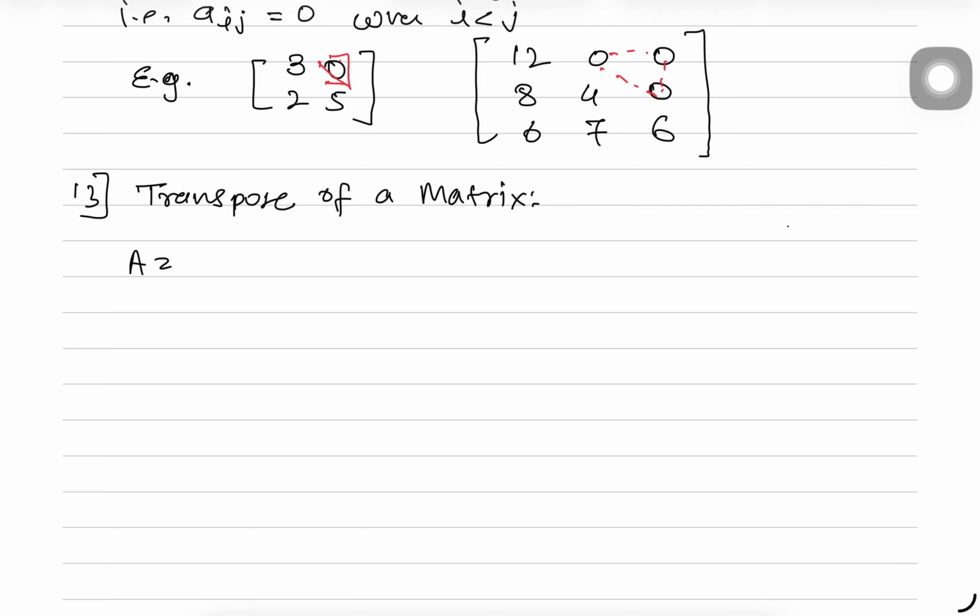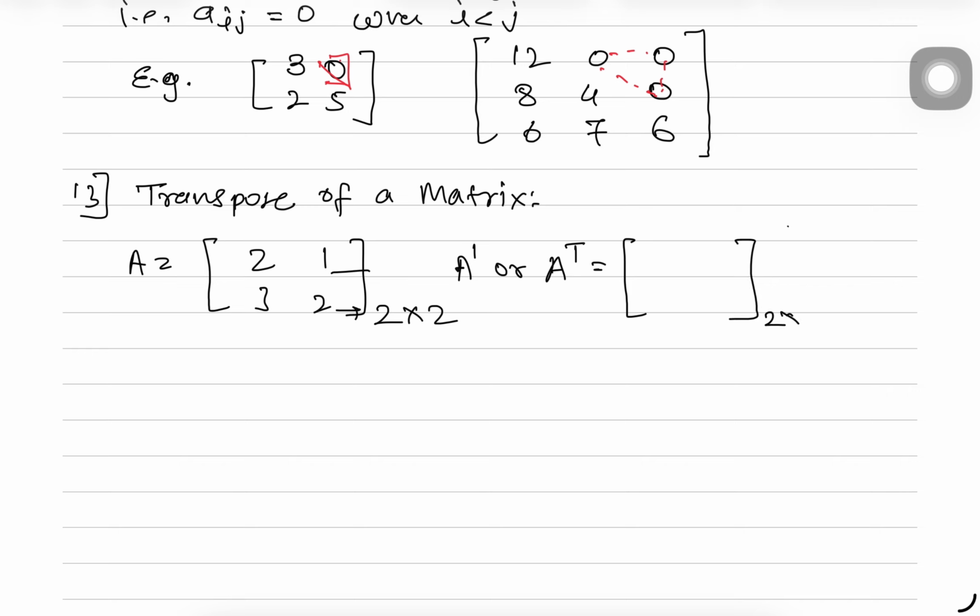If A is equal to 2, 1, 3, 2, the transpose is denoted as A dash or A^T. This is 2 cross 2. The transpose of a matrix says that we interchange the rows and columns. Whatever is the row, write it as a column. So the order is again 2 cross 2, and this is 2, 1, 3, 2.